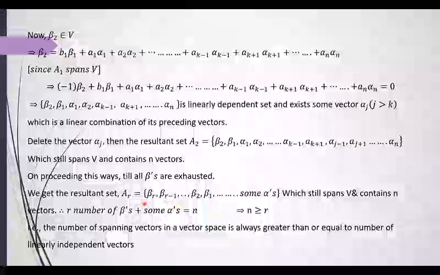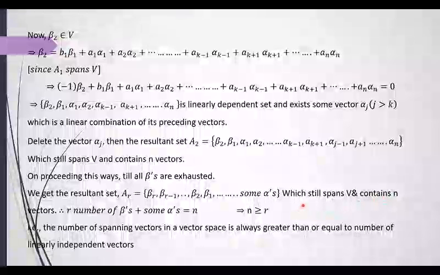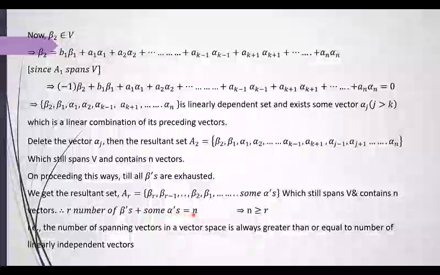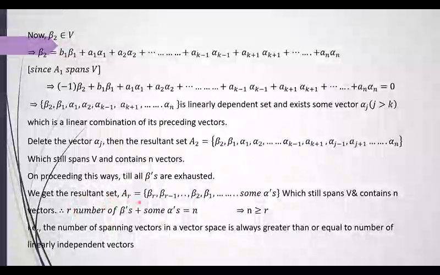So r betas together with some alphas form n vectors, that means a set containing n vectors which still spans V. Therefore r betas plus some alphas together form n vectors. That means what? Always n is greater than or equal to r. So n must always be greater than or equal to r.